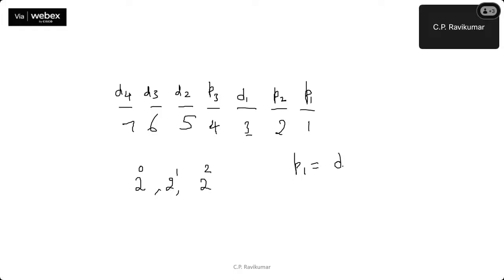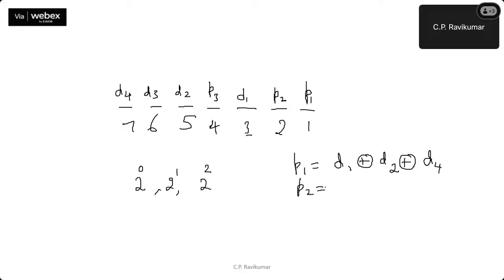So D1 XORed with, then the next one will be 5, which is D2, and D4. So these are the odd ones. Okay. 2 power 0 means the least significant bit position. Wherever that is 1, we take those.